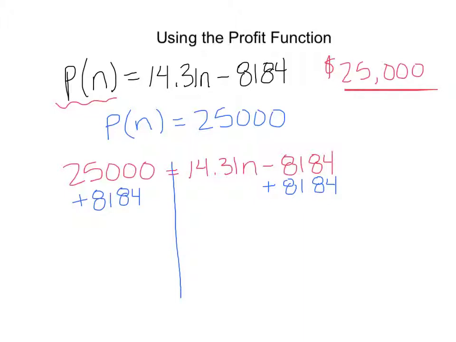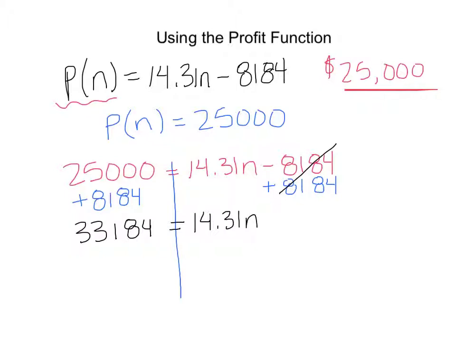So we can do our math. We're going to have 25,000 plus 8,184. That's going to get us $33,184 equals, well, what's left over on the right-hand side? Those undo each other. They cancel. And I'm left with 1431n.